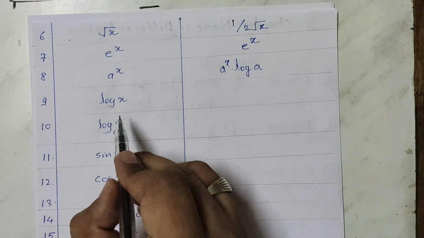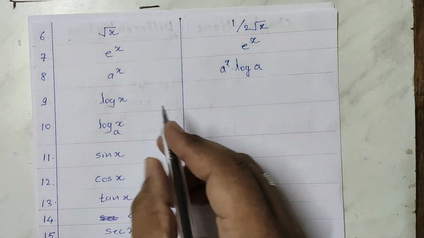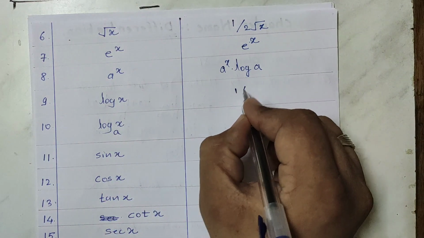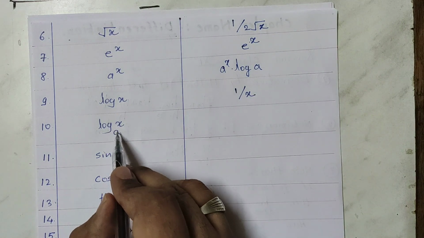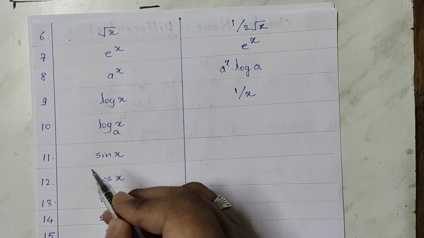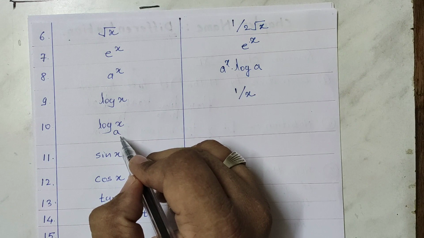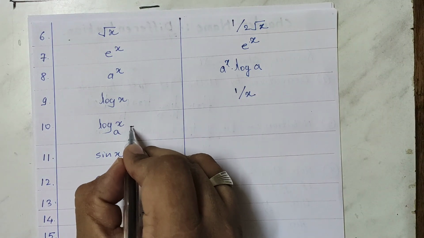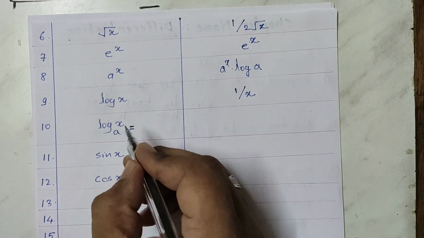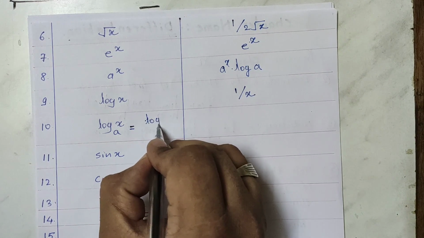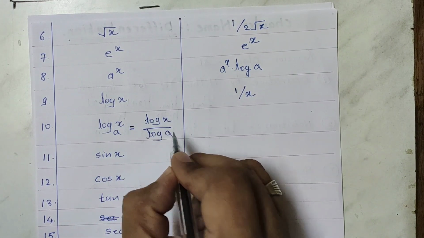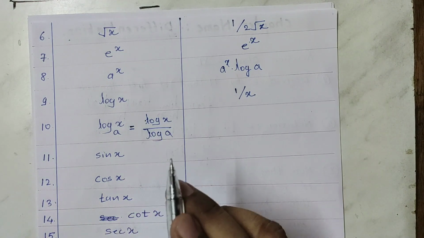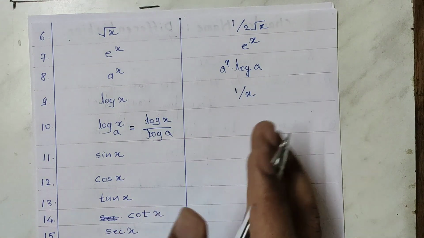Then the next function, log x. What is the log x derivative? The log x derivative is 1 upon x. Then the log x to the base a derivative. Log x to the base a means log x upon log a. Here log a is a constant term, therefore log a stays as it is.